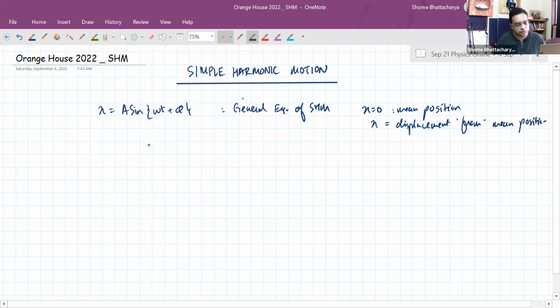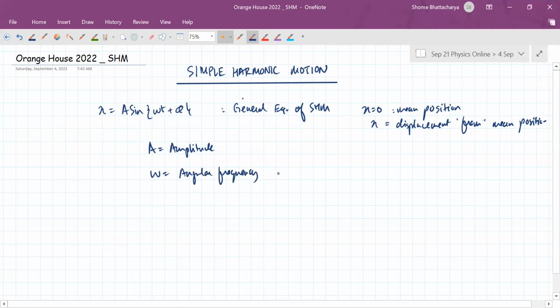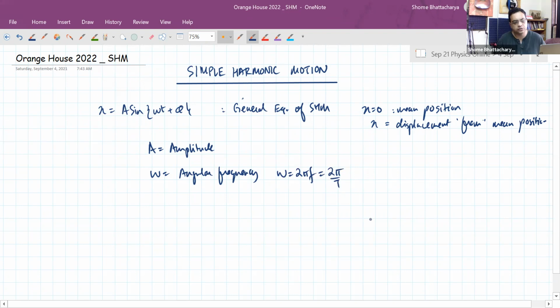In this equation, as you know, A is called the amplitude, omega is the angular frequency, this is how it is related to frequency or time period. Phi is called the initial phase or phase constant.